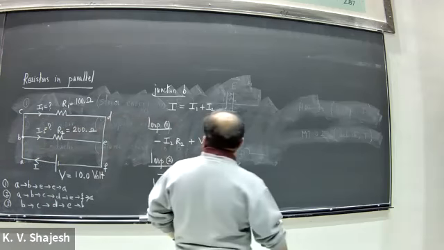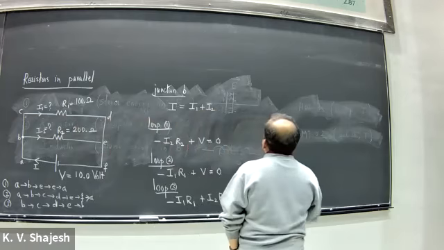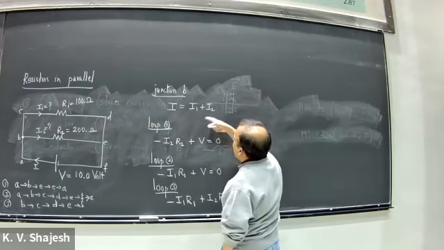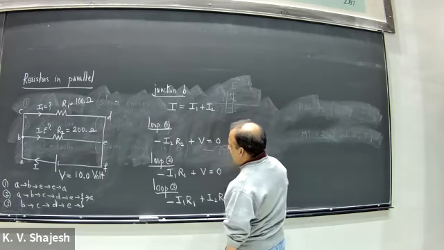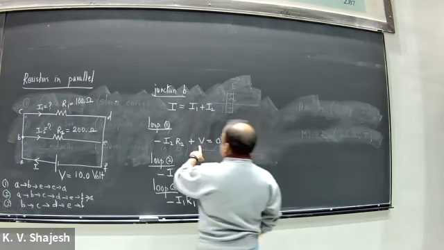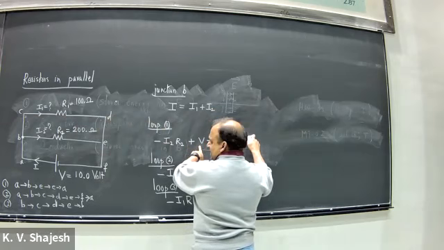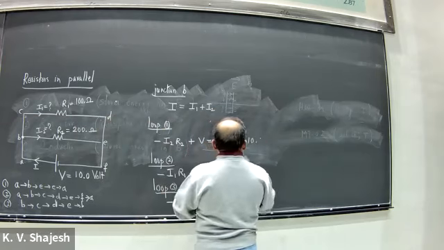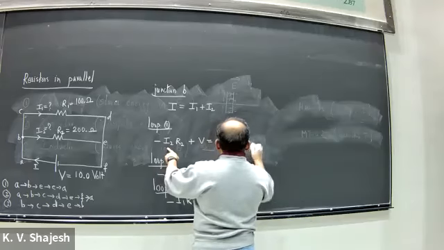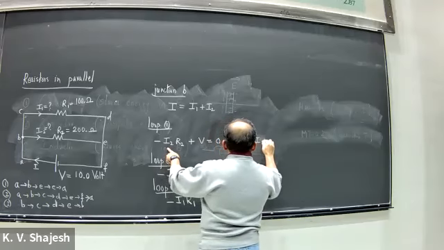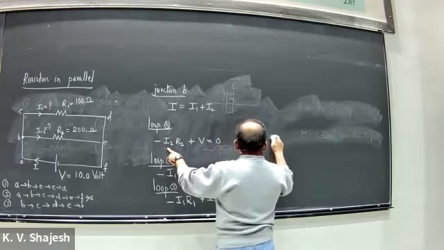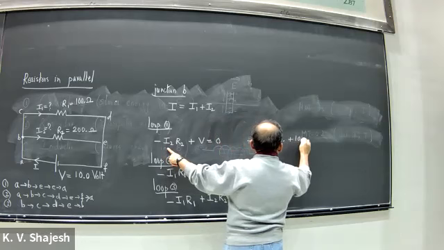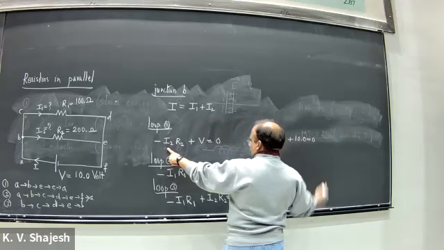Let's see what we can do. Let's put in the numbers. All 3 are unknown here, so we cannot write anything more than this. But in here we have numbers associated with this. So this is 10.0. So minus I2 times 200 plus 10.0 is equal to 0.